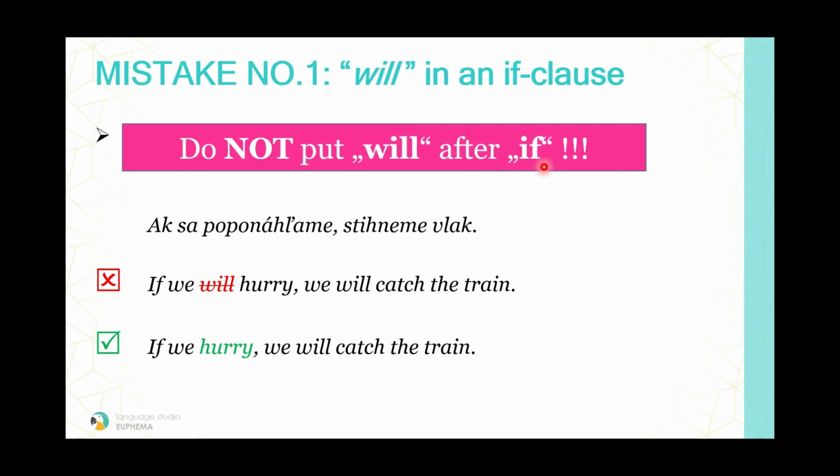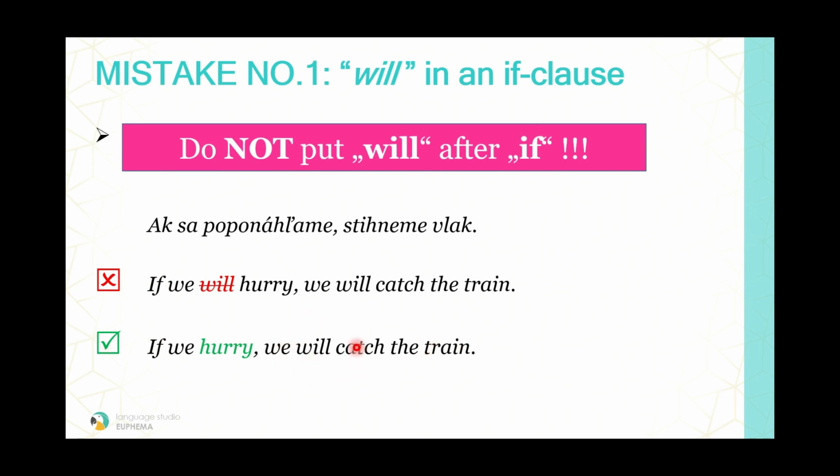Such as in this case, the Slovak sentence, ak sa poponáhľame, stihneme vlak. The wrong translation would be, if we will hurry, we will catch the train. Of course, will here is incorrect because we never put will after if. The correct translation would be, if we hurry, we will catch the train. So in the if clause, we have to put present simple, and in the main clause, we put will and infinitive.